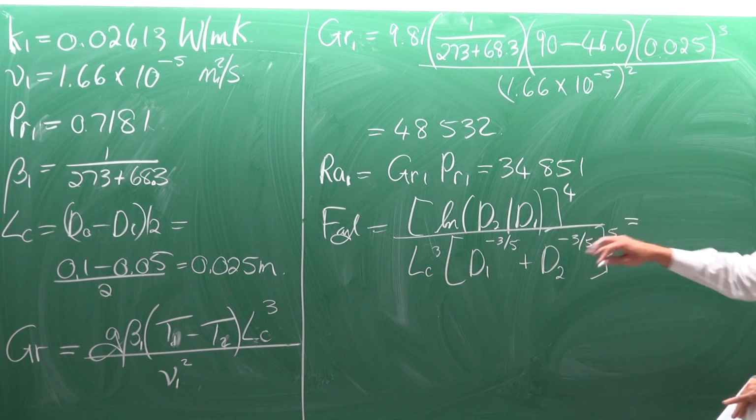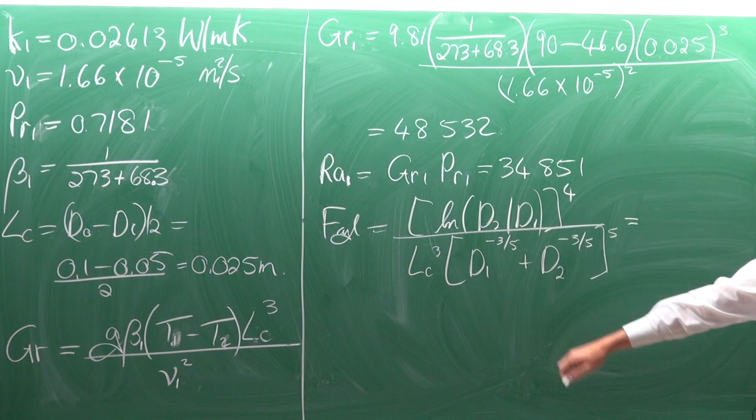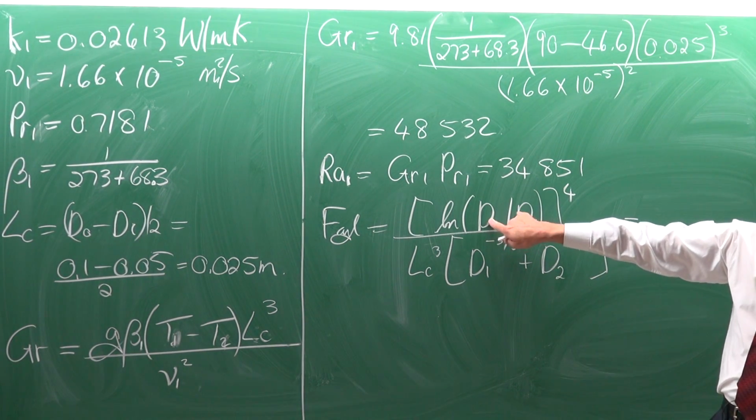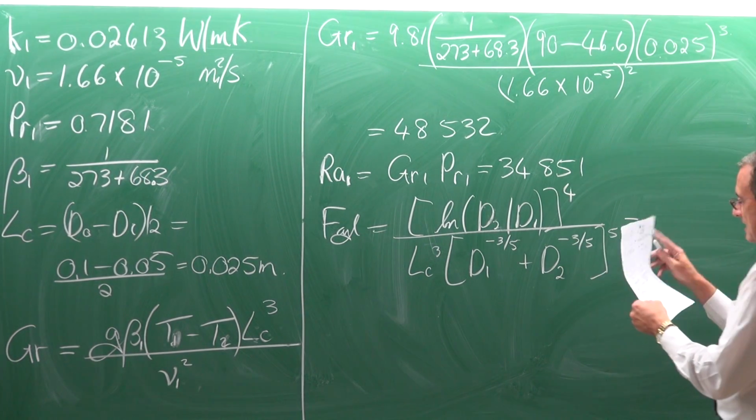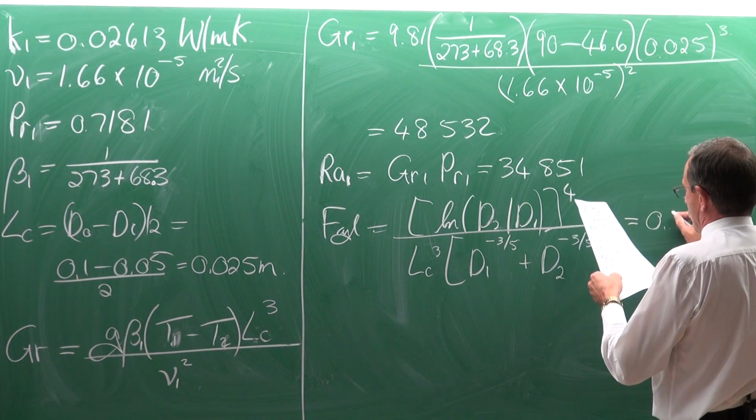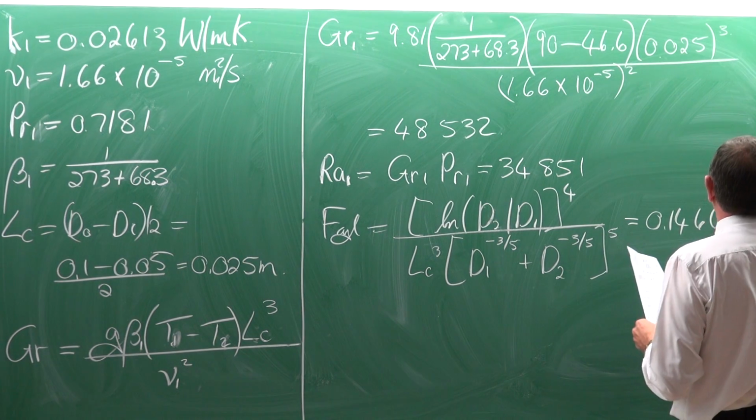This just needs to be calculated. That ratio is 2, so it's the ln of 2. Put in all those values, and the result is 0.1466.